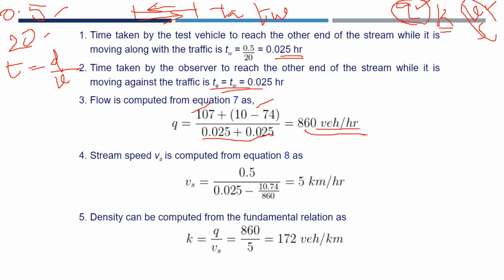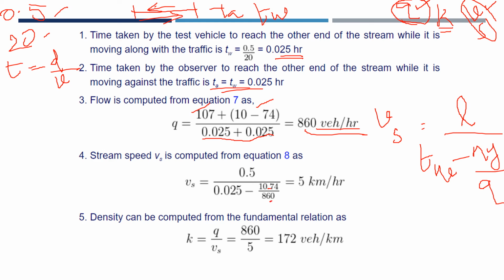To calculate the second parameter, the stream speed, we have the derived equation for speed, which is L divided by Tw minus Ny divided by flow. All these values are there, so we can directly calculate the stream speed. Substituting the values, where Ny is 10 minus 74 and the flow is what we have just calculated, you get a value of 5 km per hour, which is the stream speed.